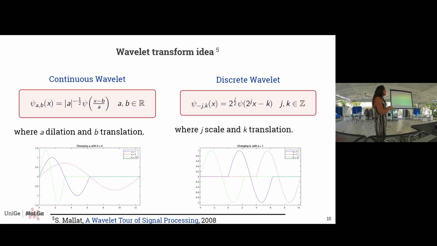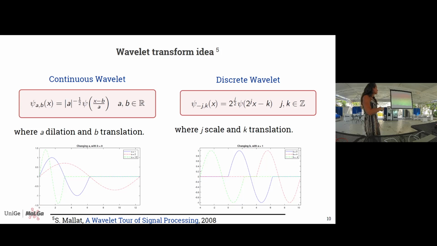We use wavelet analysis in our work because we are interested in analyzing a signal in its time-frequency domain. To do this, we use functions psi that depend on two parameters, A and B, where A is a dilation parameter and B is a translation parameter.